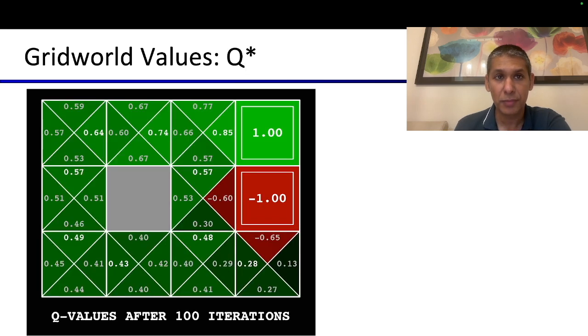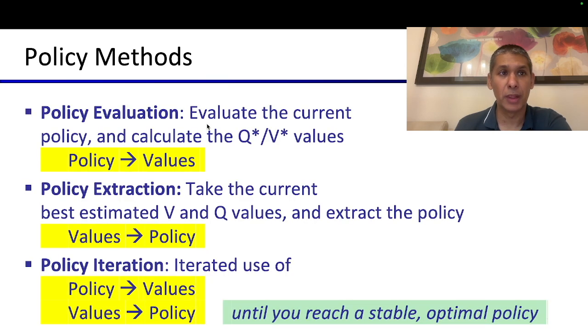Similarly, the Q star values represent the values for each state and action pair. In this case, because we consider 4 actions, we have for each state 4 actions, and therefore 4 Q star values.